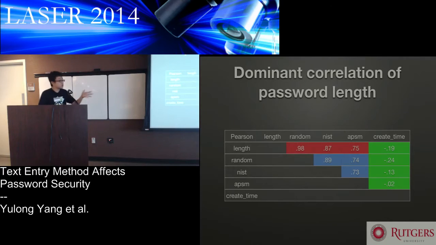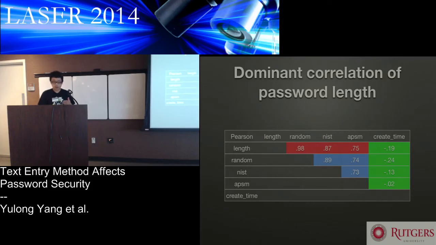So, although this is by no means a comprehensive analysis of the accuracy of the security metrics we used, it did point out that password length played a primary role in defining the security when we used the password security metrics here.